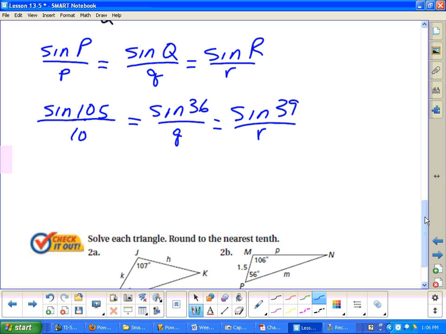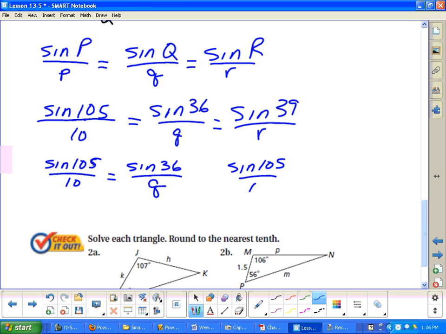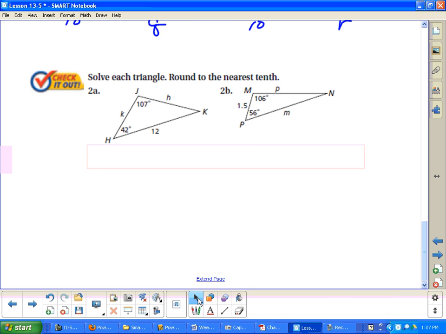So we're going to put that ratio with both of those other two, and we will cross multiply and divide.